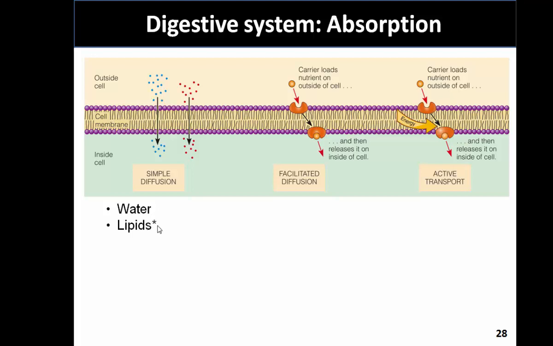But lipids will eventually move directly into the lymphatic system, not directly into the cardiovascular system. It makes a pass through the lymphatic system first, and we'll discuss that later. Fat-soluble vitamins will also use simple diffusion and will be absorbed along with other lipid molecules.